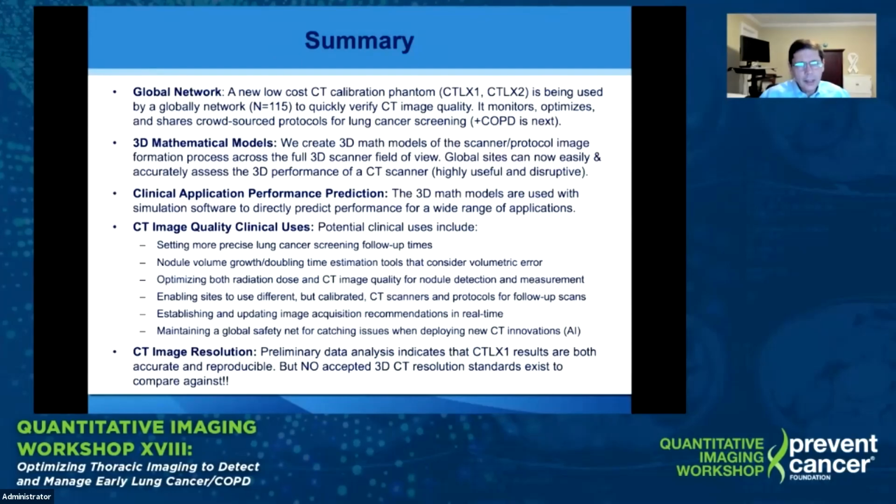But the more exciting thing to talk about here for this panel is going to be the potential clinical uses of CT image quality information, such as setting more precise lung cancer screening follow-up times, doing better nodule volume growth or doubling time estimation, and also putting error bounds on those estimations, optimizing both radiation dose and CT image quality for nodule detection and measurement, enabling sites to use different but calibrated CT scanners and protocols for follow-up scans, establishing and updating image acquisition recommendations in real time with massive amounts of data like you see with this network that we have.